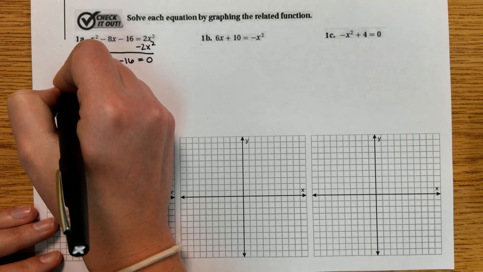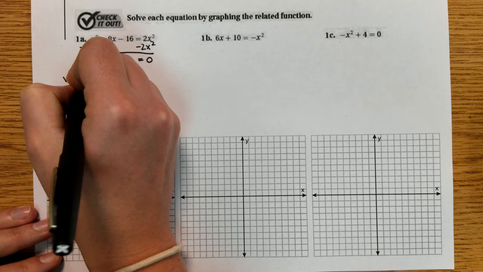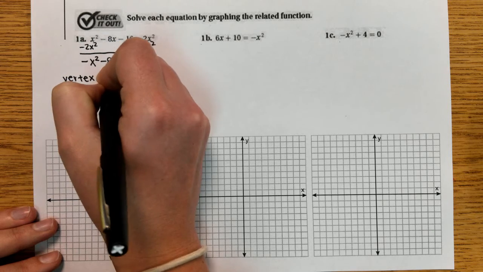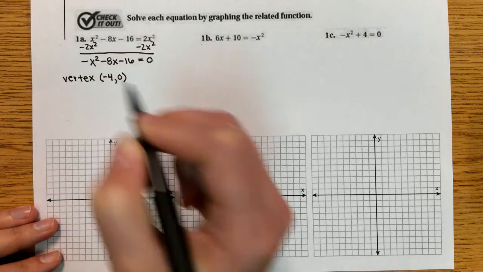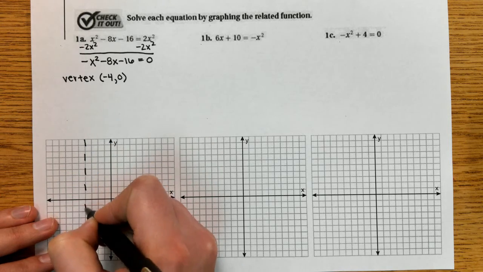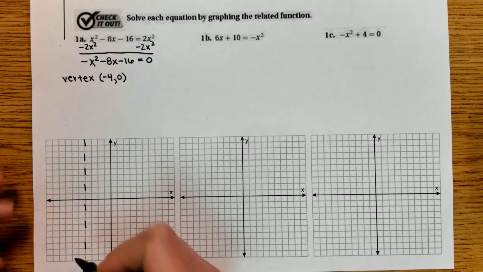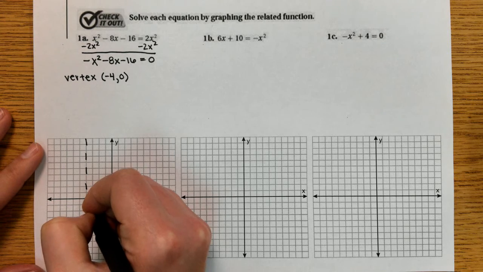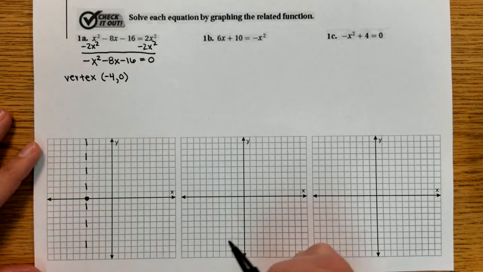So x equals negative 4. And then our vertex is going to be negative 4, 0. So negative 4 is right here. And then negative 4, 0 is right here.